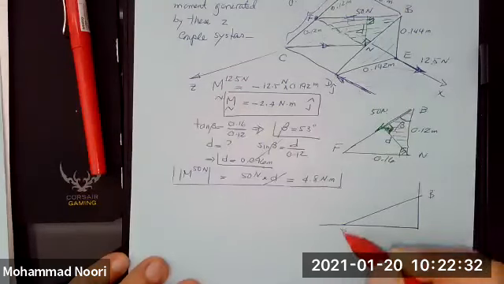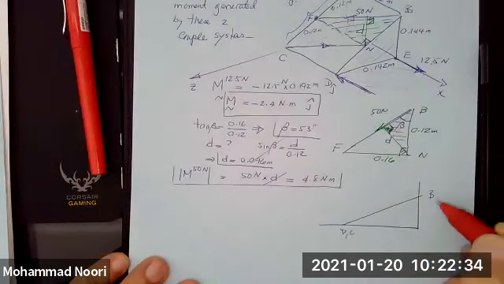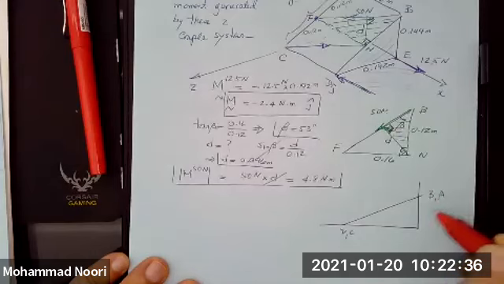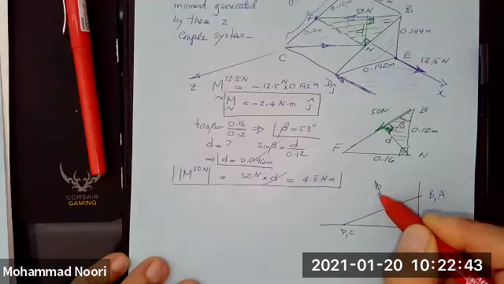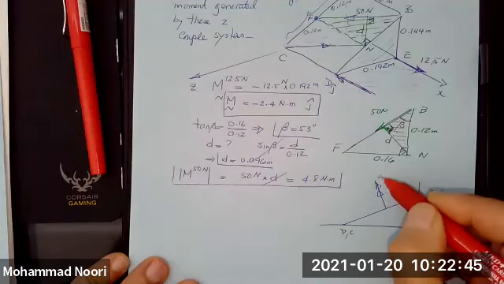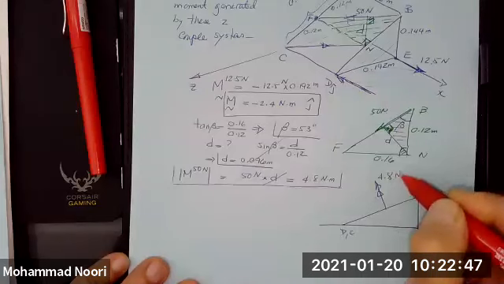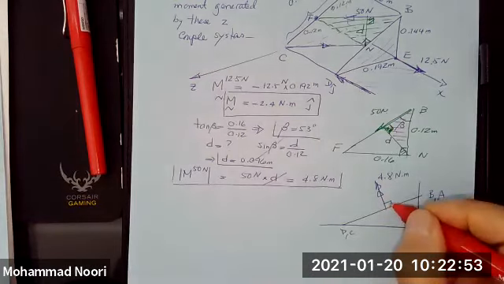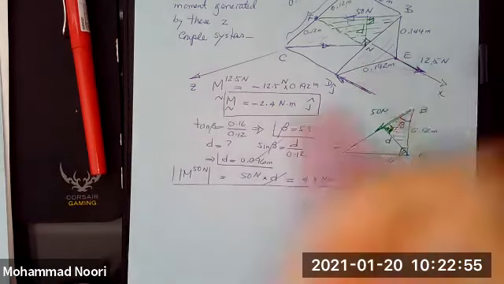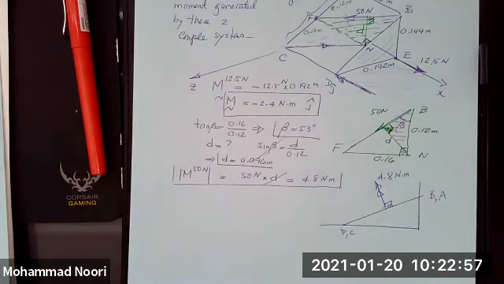B, D, and C. This is B and A. Okay, that is that plane. And this moment, which is 4.8 Newton meter, acts upward in that direction, perpendicular to this plane. Can you see that? Can you visualize that?